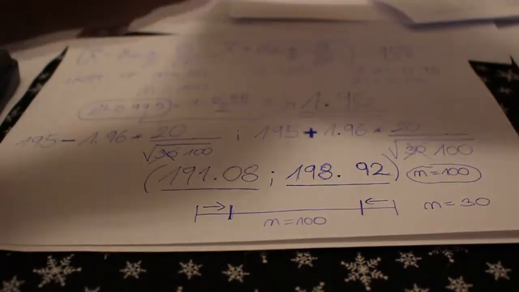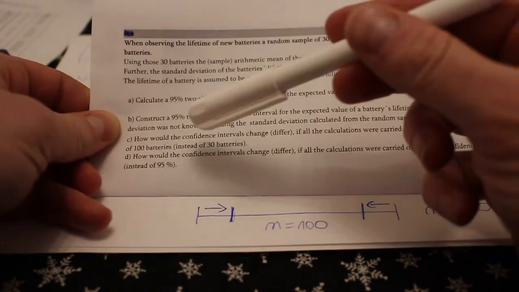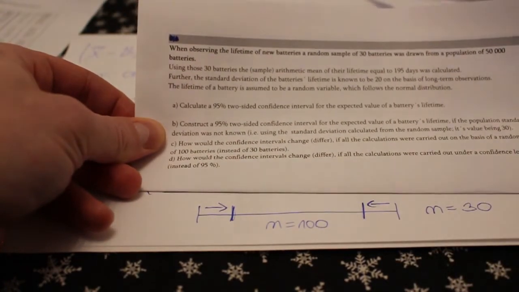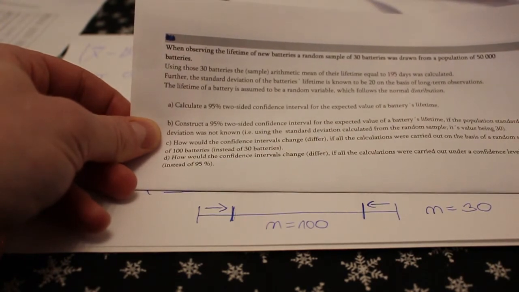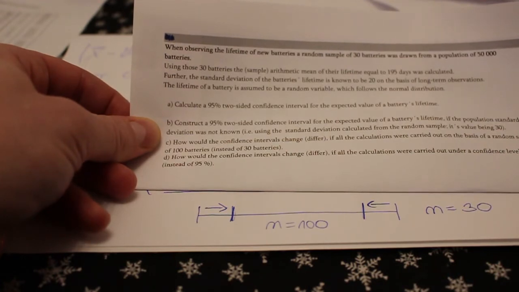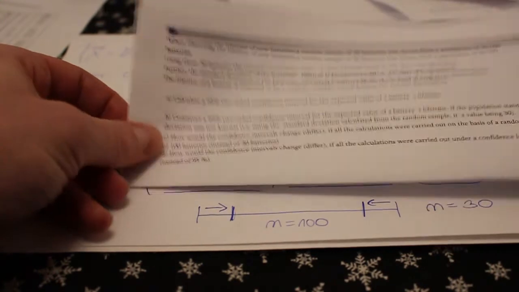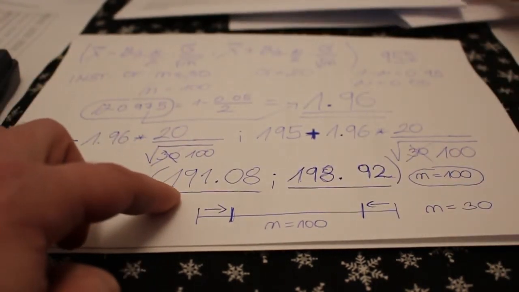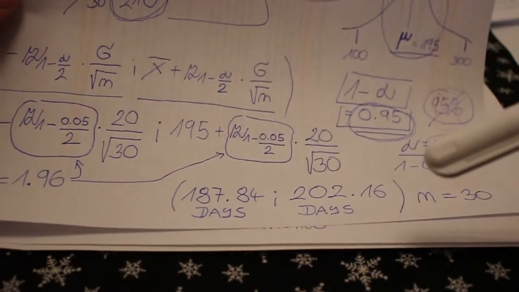And we can continue with D. How would the confidence intervals differ if all the calculations were carried out under a confidence level of 99% instead of 95%? We have here confidence interval 95%.